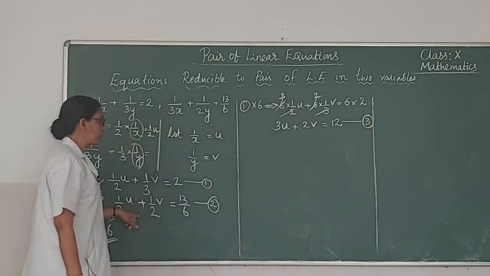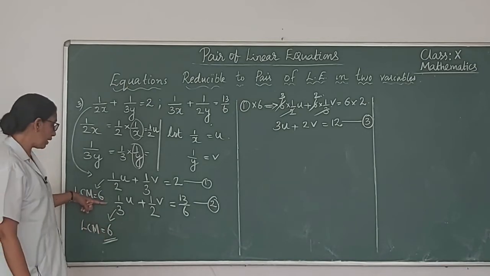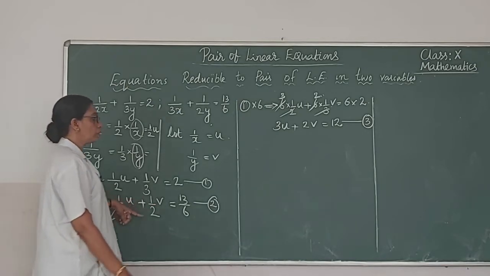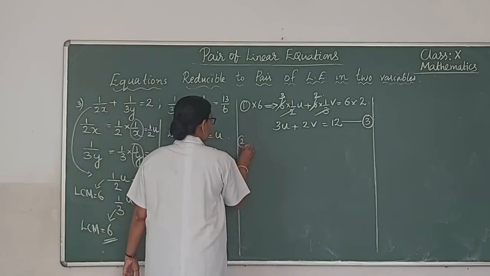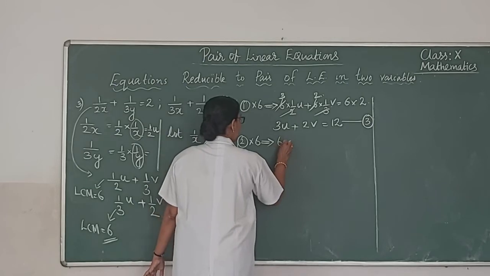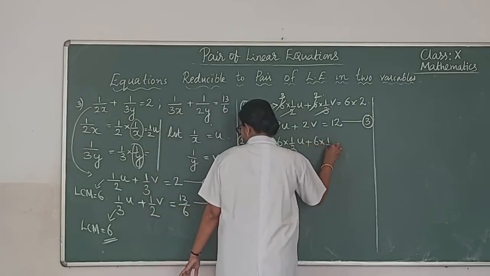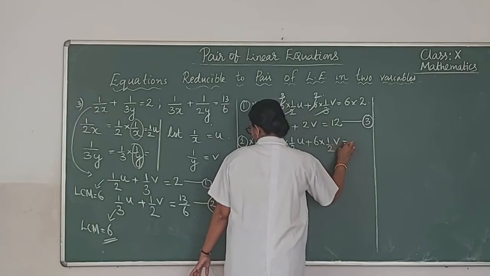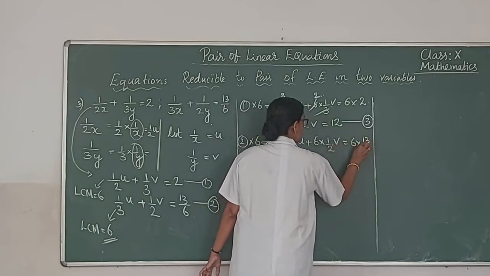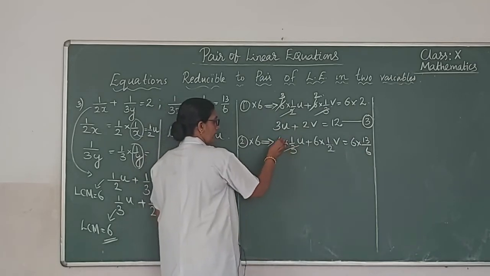What about the second equation? Here also the LCM is 6. We have to multiply by 6 throughout. So equation 2 also we multiply by 6: 6 into 1 by 3u plus 6 into 1 by 2v equal to 6 into 13 by 6. Okay children, here cancellation.